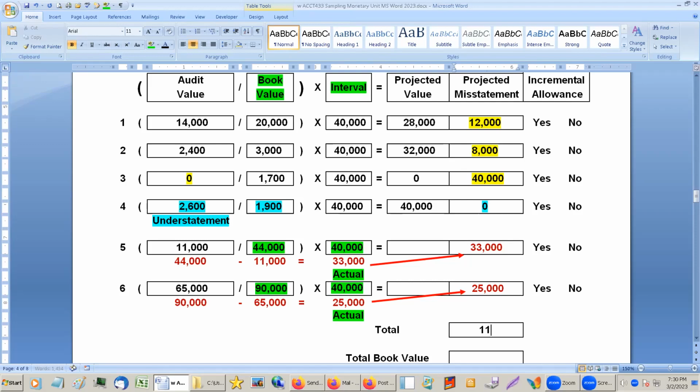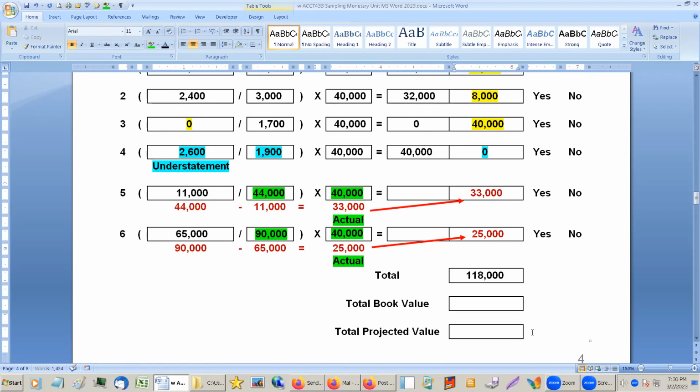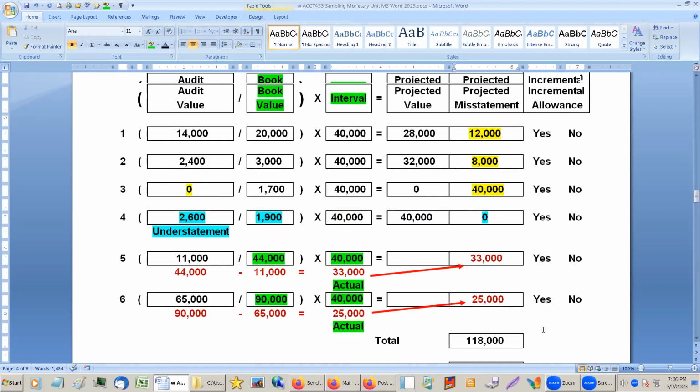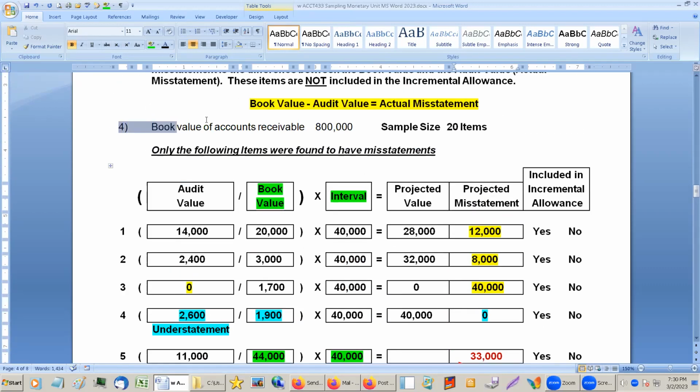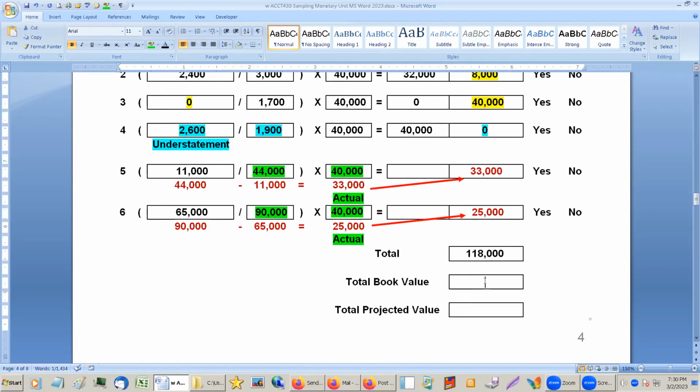Oops, that isn't what I got. This is what I got. Okay, so the total book value was what, 800,000? So our total projected value for this would be $682,000.